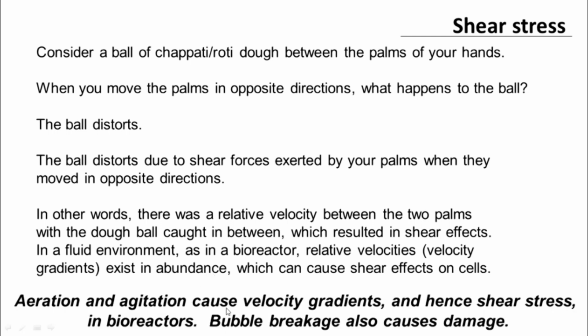So aeration and agitation cause velocity gradients and hence shear stress in bioreactors. Air bubble breakage could also cause damage, but through a different mechanism, that is, through the energy released due to bubble breakage. In terms of shear stress, aeration and agitation cause it because they cause velocity gradients in the bioreactor.